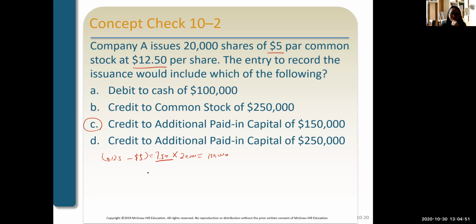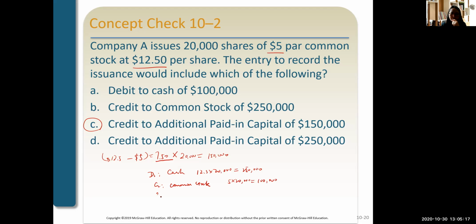This journal entry is going to debit cash, which is 12.50 multiplied by 20,000 shares, so $250,000. And then you credit common stock, which is 5 multiplied by 20,000, so $100,000.